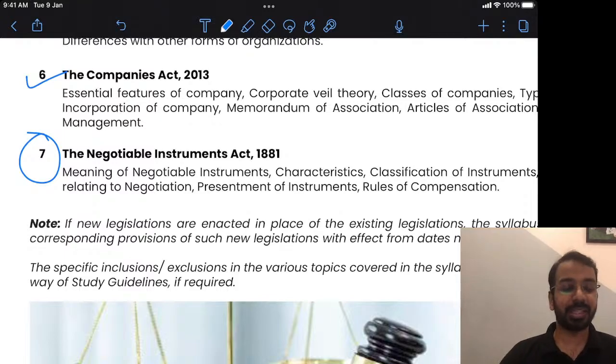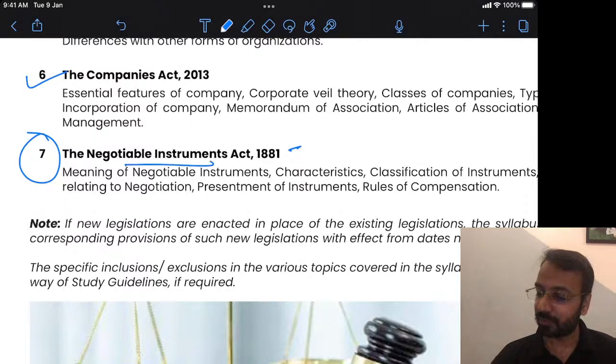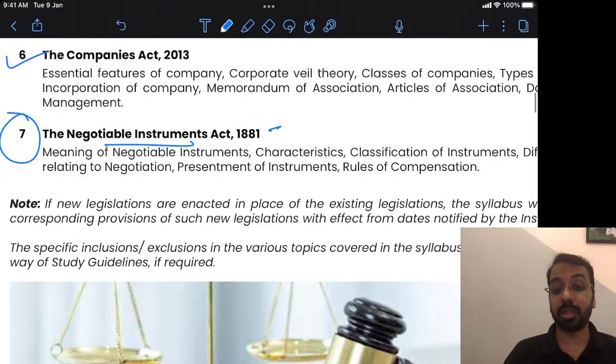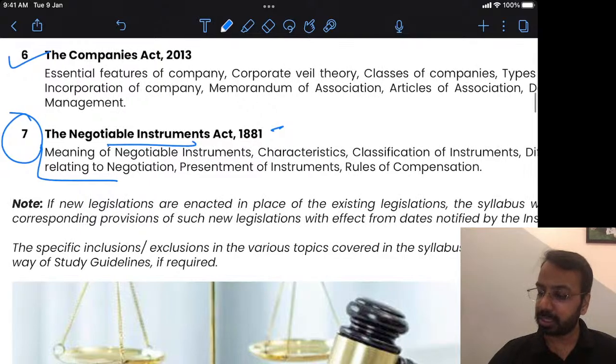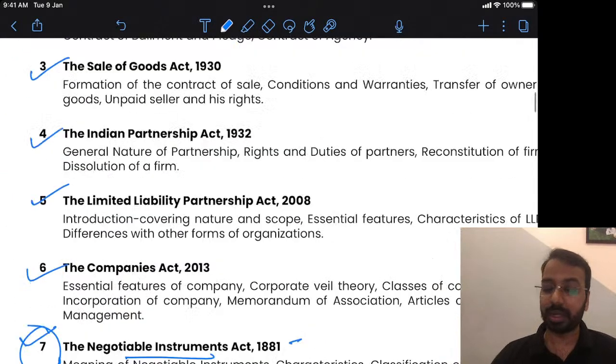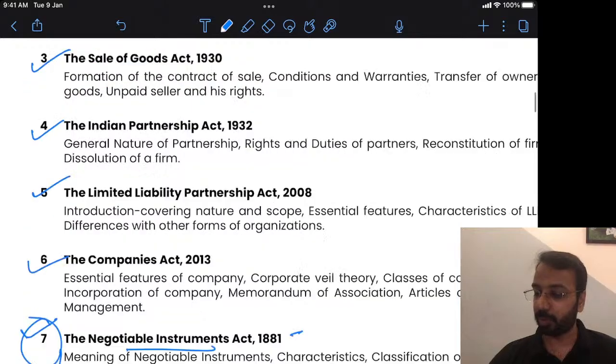Over a period of time this act will not find much relevance, because we have RTGS, NEFT, IMPS, GPay, but still you have to learn it if questions are given. We'll need to see what sections are covered in detail once the detailed content is out. So this is one addition. BCR is completely dropped, as you might be aware.